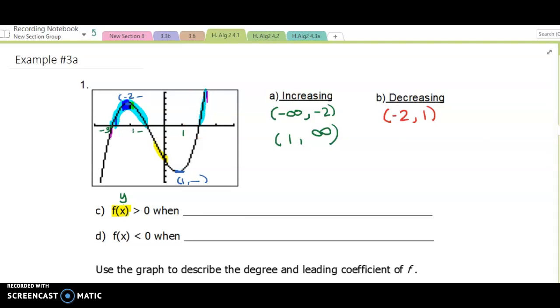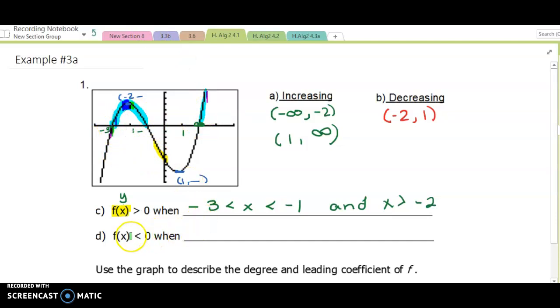So we would write we're greater than 0 when -3 is less than x, which is less than -1, and, if this point here is -2, when x is greater than -2. That's when we are above the x-axis, or when our y value is positive.